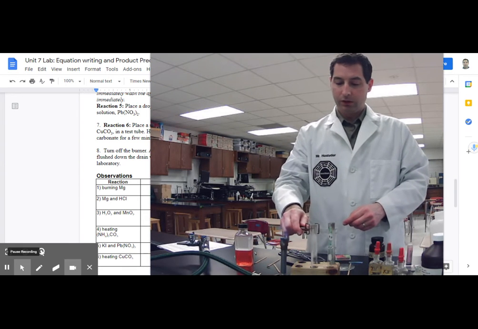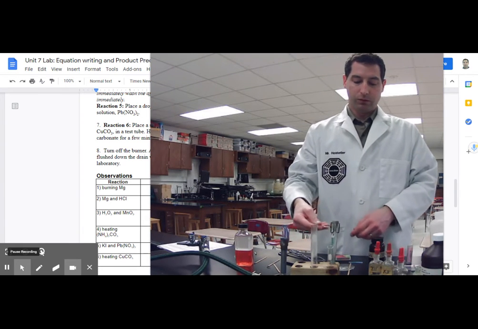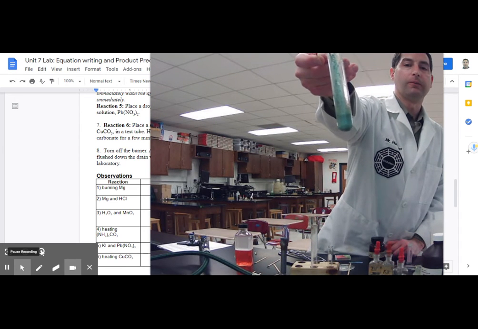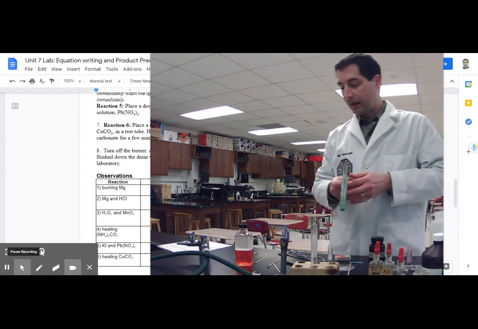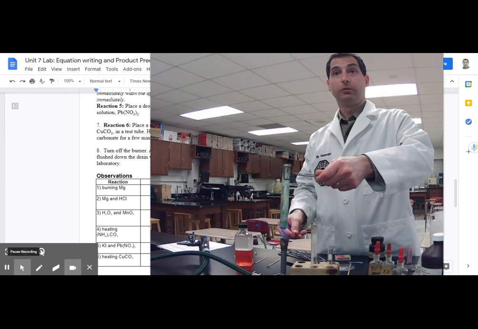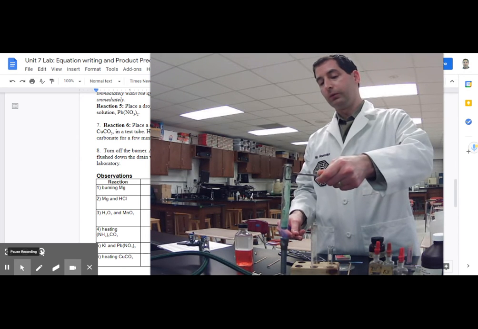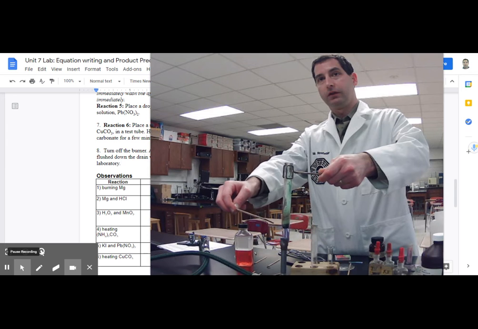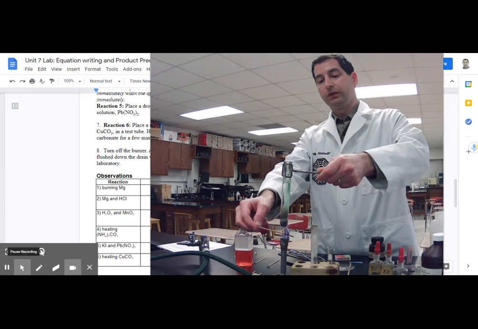Our last one is a test that we'll do with copper carbonate, and it starts out as a green solid. We're going to heat that, and then also do carbon dioxide test with it. So you'll notice as we heat it, it takes a while, but you can see down at the bottom here, it's starting to change color, going from green to black as it decomposes.